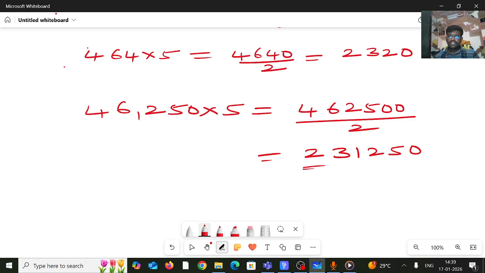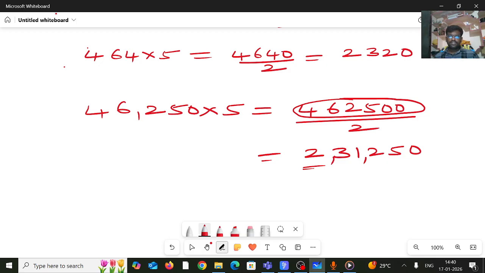Is it clear? Half of 4,62,500 is 2,31,250. This is the general principle behind it. This is the method of multiplying a number by 5. You can go for the general method, that is up to you.